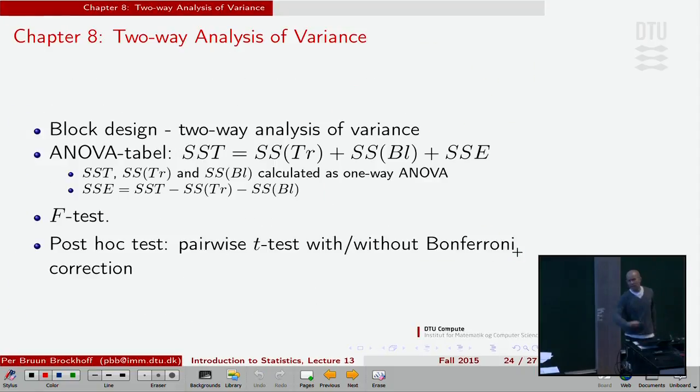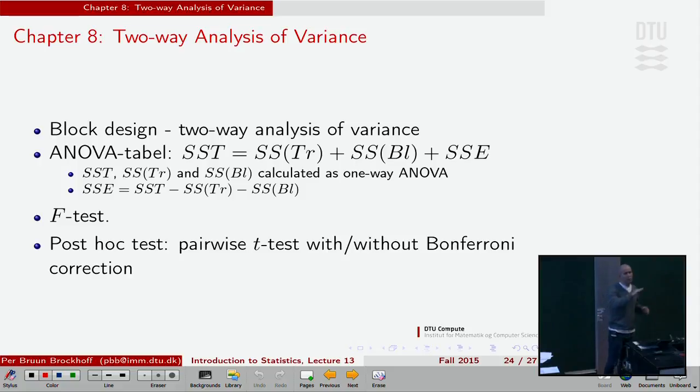All of this generalizes almost straightforwardly to the case where it's not only a single-way table, but a two-way table. So the samples are no longer independent. It could be the same persons in the different groups, so they are linked on the other way of the table. So there are two ways of the table.